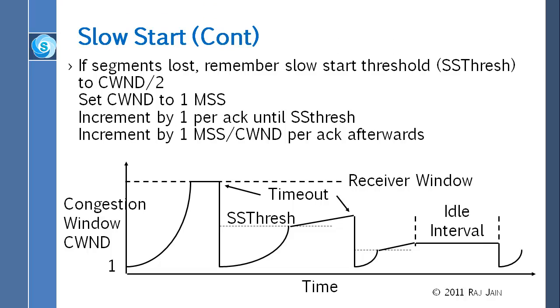Somebody said I can do an example. So the example is very easy. Basically, you start with one packet and you get one acknowledgement. Right? Now you send two packets back to back. Now you get two acknowledgements.